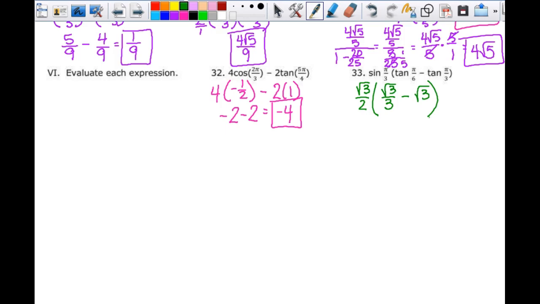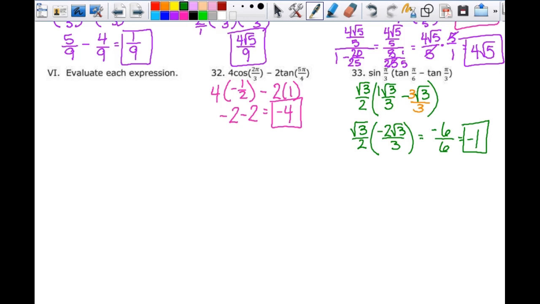In order to combine, I need a common denominator, and my common denominator would be 3. So this would become 3 over 3 right there. Then that gives me square root of 3 over 2 times 1 square root of 3 minus 3 square root of 3, which is negative 2 square root of 3 over 3. When you multiply fractions, you multiply straight across. So square root of 3 times square root of 3 is 3. Times 2, that's a negative 6 over 6, which is negative 1.